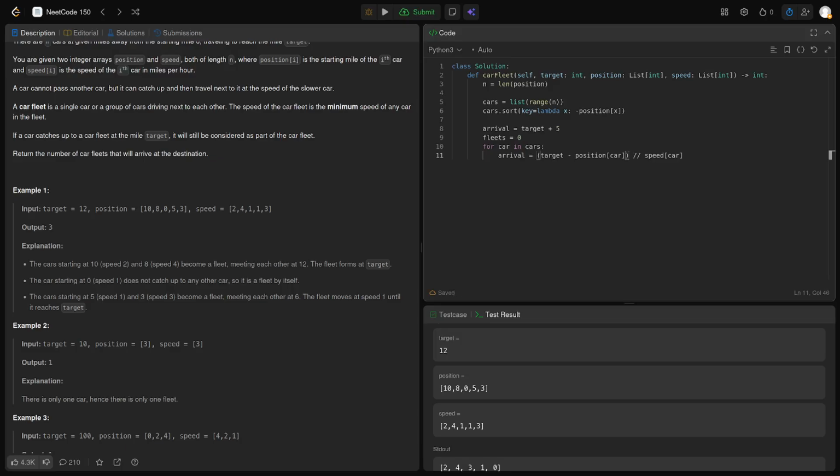So we want to do plus the speed of the car minus 1, because that's a ceiling trick, right? So this is the arrival.